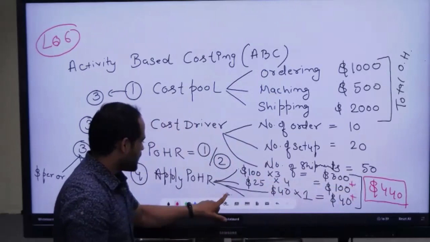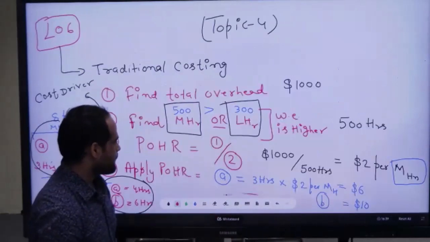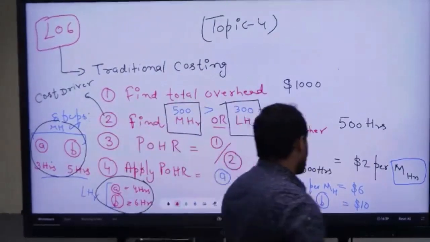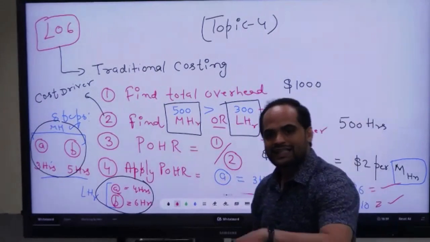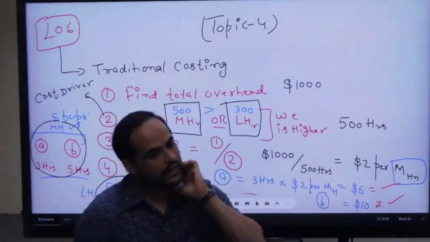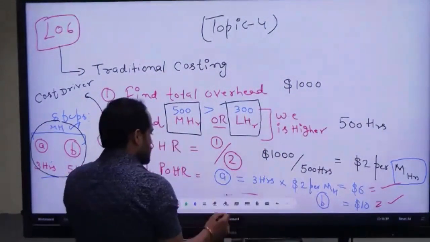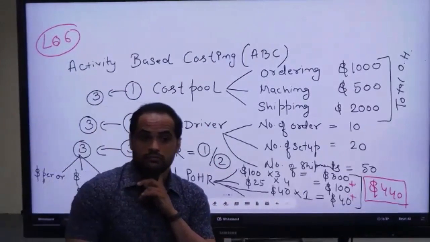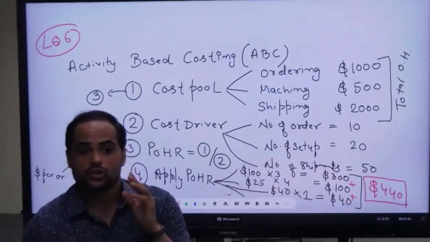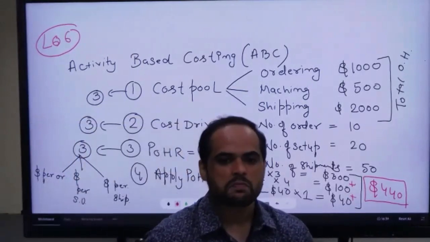Same as we got this number here, which was 6 for A and 10 for B. This is the way of allocating in activity-based costing. So that's all. Now the question is, which method is better?